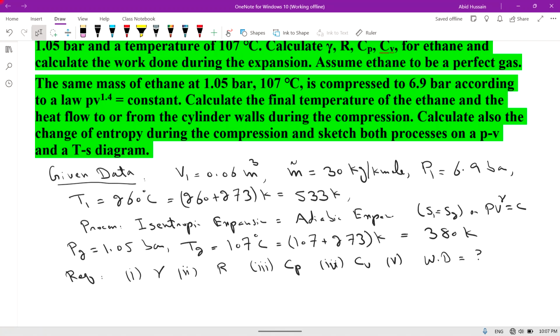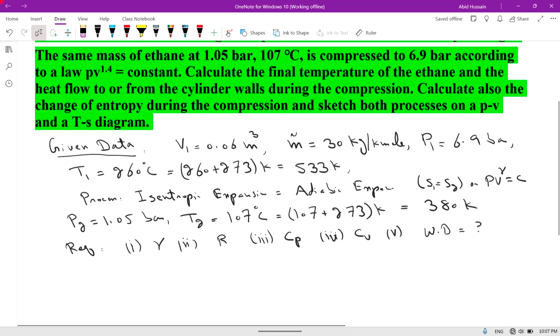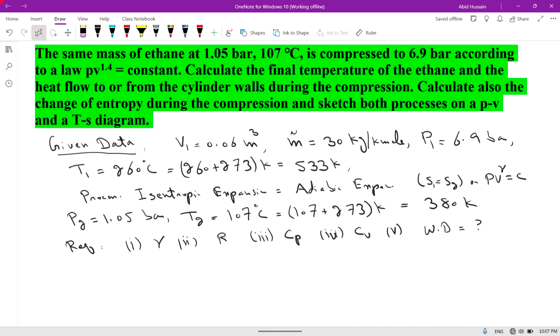The same mass of ethane at 1.05 bar and 100 degrees is compressed, second process, to 6.9 bar according to the law PV^1.4 equal to constant.